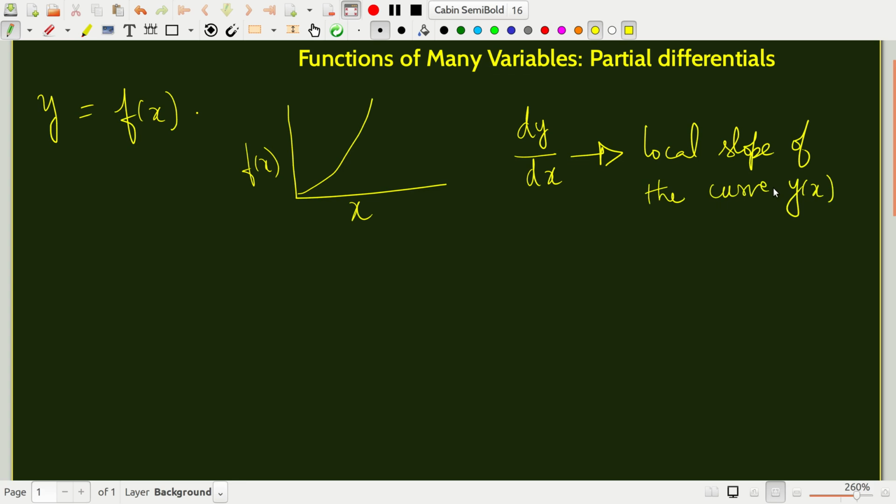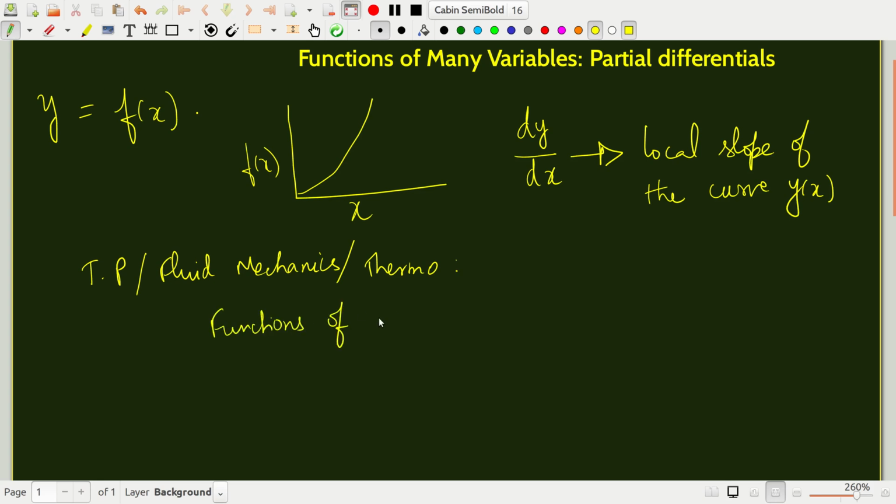Now in chemical engineering applications such as transport phenomena, fluid mechanics and thermodynamics, it's often important for us to consider not just functions of one variable, but functions of many variables.